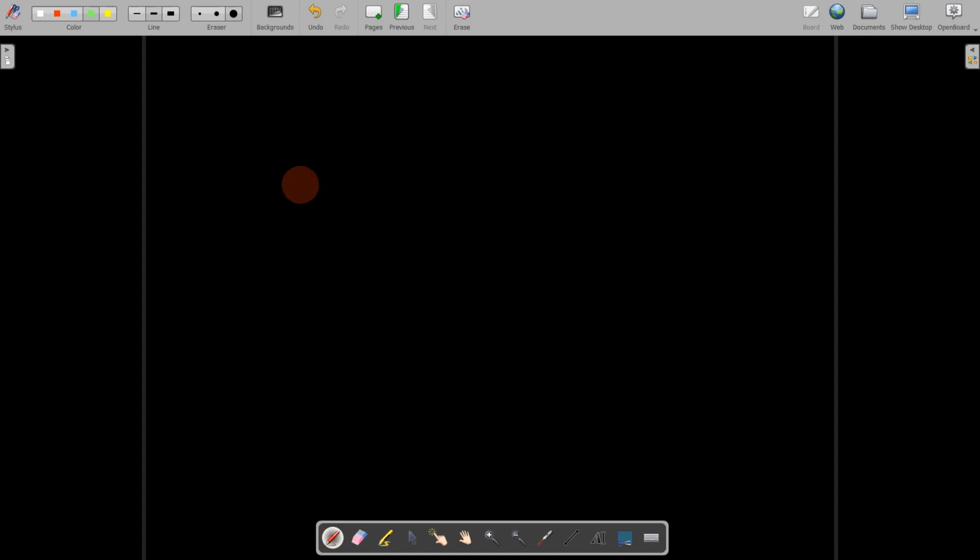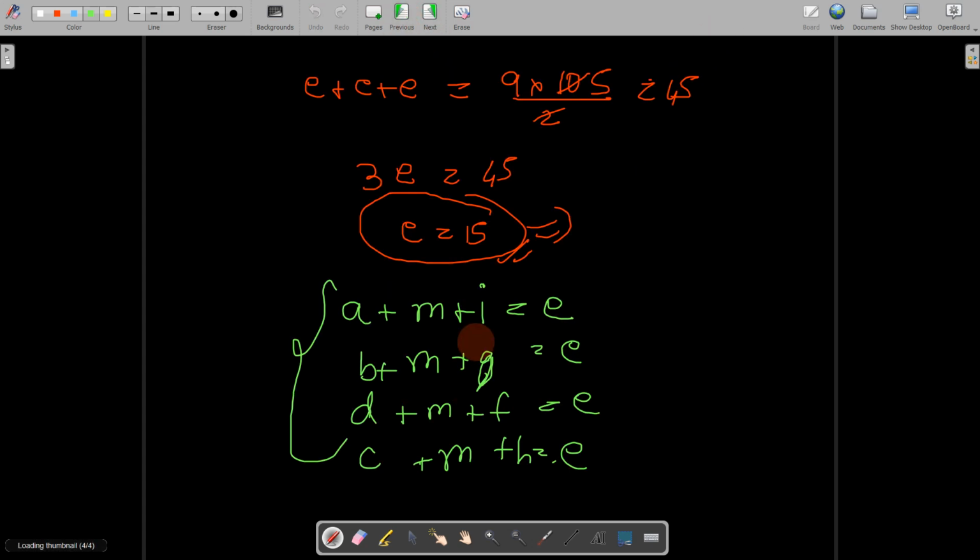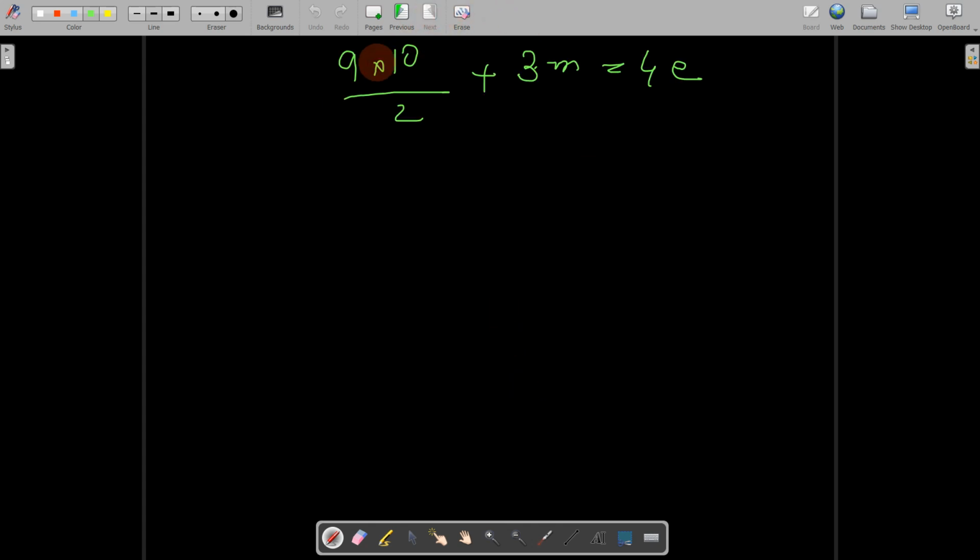I'm writing it directly: 9 into 10 by 2 plus 3 times m is equal to 4 times e. Pause and think how this came. We just added all these four equations and replaced A plus B plus D plus C plus 1 time m plus I, G, F, H with sum of n natural numbers. So this was 45 plus 3m is equal to 4 into 15.